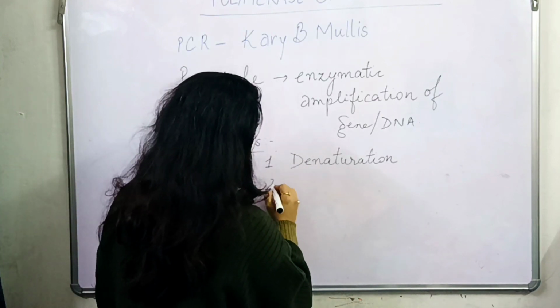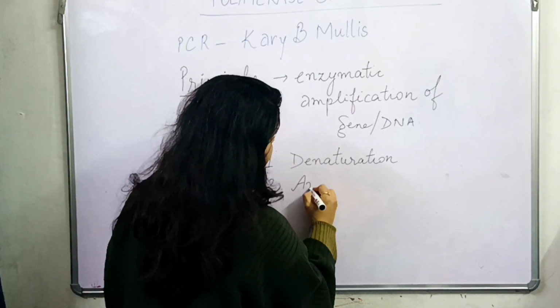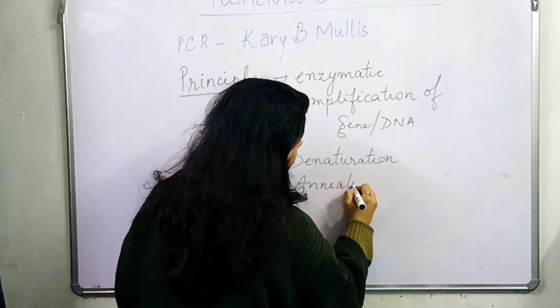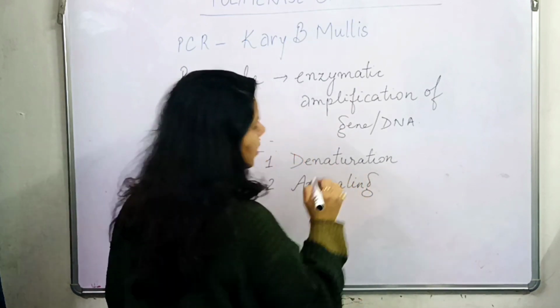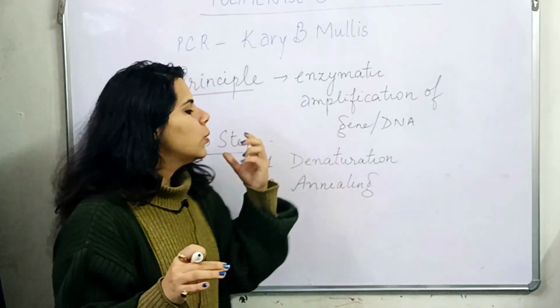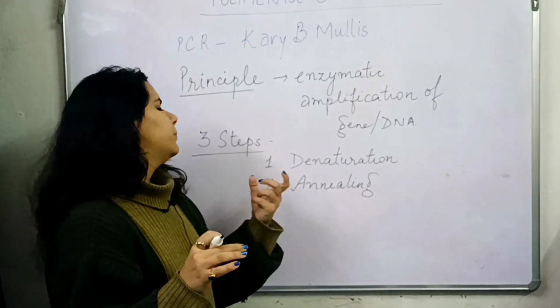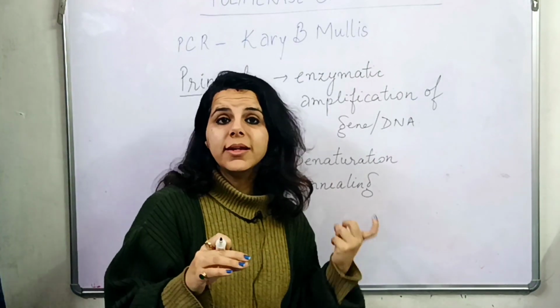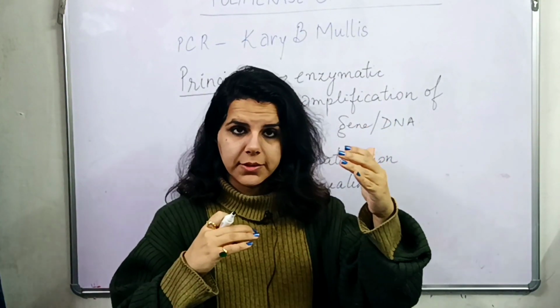Next step, step 2, is annealing. Now what happens in annealing? When we have two different strands of the DNA, we need to put one primer, one RNA primer, on both the strands, right?